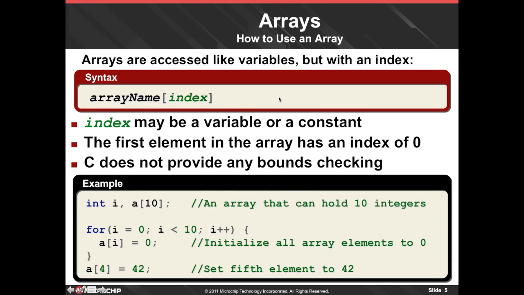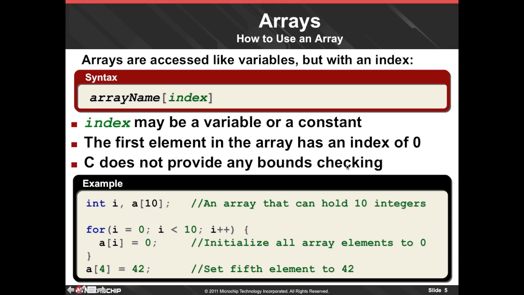So how do we use an array? Well, arrays are accessed like these variables, but with an index. So the index may be a variable, it may be a constant, but typically you're going to see that the elements in the array always start with an index of 0. Okay, and that's a really important point to make, because it can get confusing when you start at 0 but you have a certain number of elements, as I'll show you in this one example.